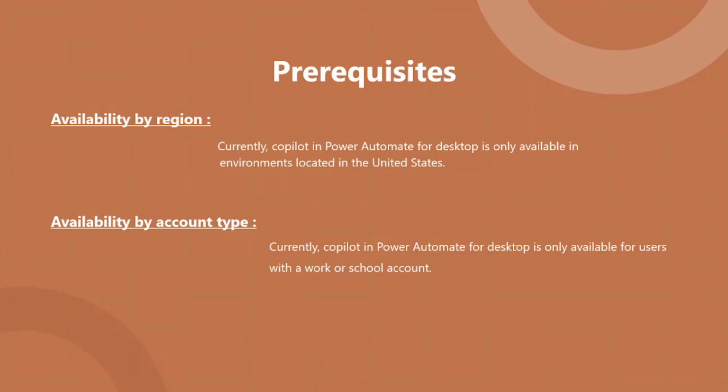So you need to make sure that the environment you are currently using is located in the United States region to be able to use the Copilot in Power Automate for desktop. And also there is a dependency on the account type. Copilot for Power Automate desktop is only available for users with a work or school account.